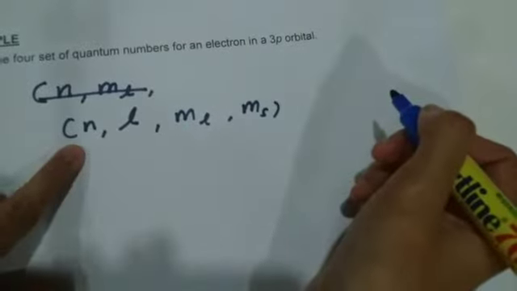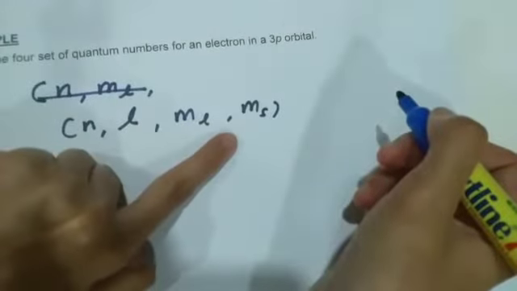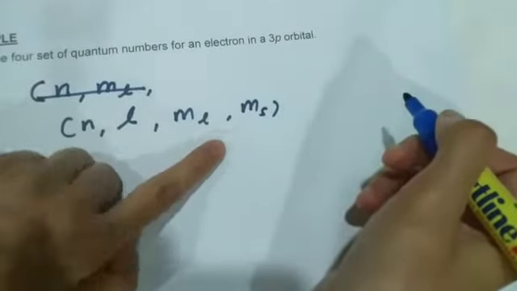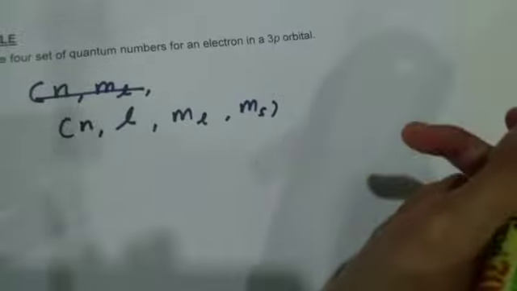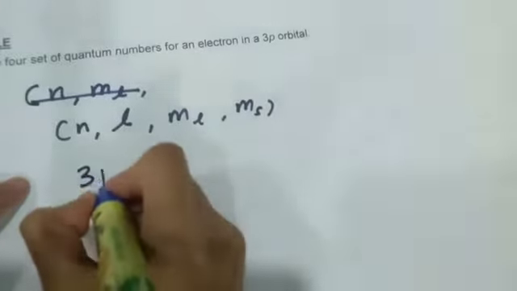The principal quantum number, angular quantum number, magnetic quantum number and also the electron spin, in brackets and separated by commas. Let's say we want this for 3p.